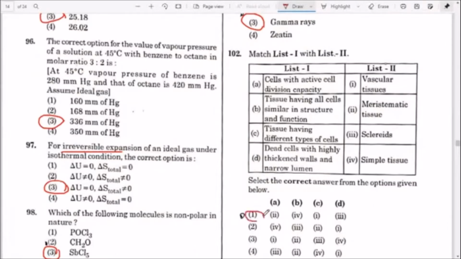Option number 1, where A is 2, cells with active cell division or meristematic cells, and B is 4, simple tissue, that is tissue having all cells similar in structure and function, and C is 1, vascular tissues having different types of cells, and D is sclereids, that is dead cells with highly thickened walls and narrow lumen.